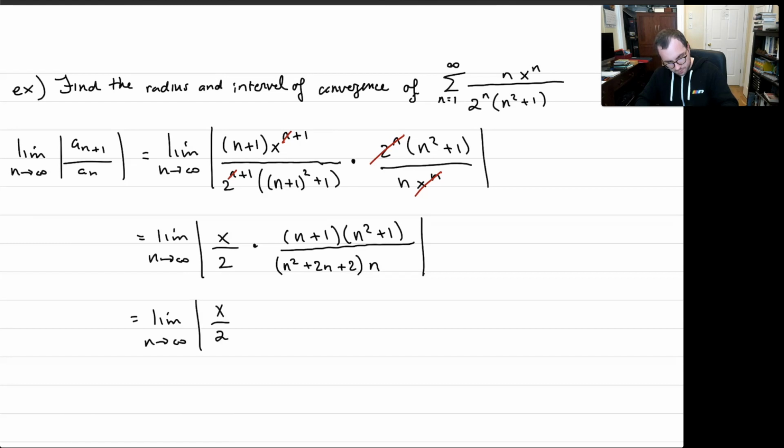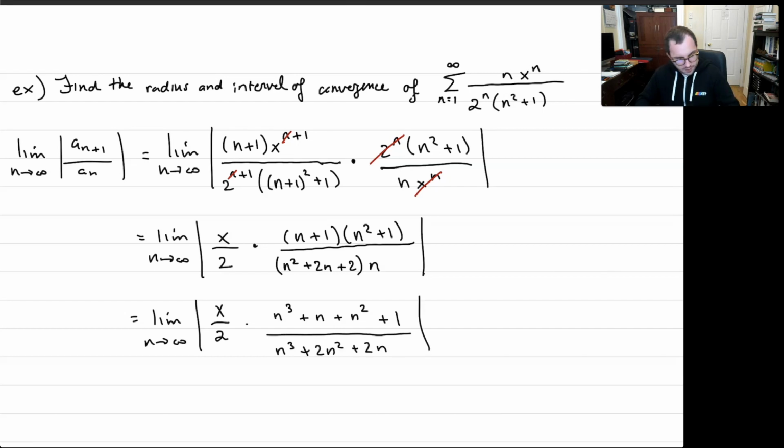x over 2 times (n cubed plus n squared plus 1) over (n cubed plus 2n squared plus 2n).